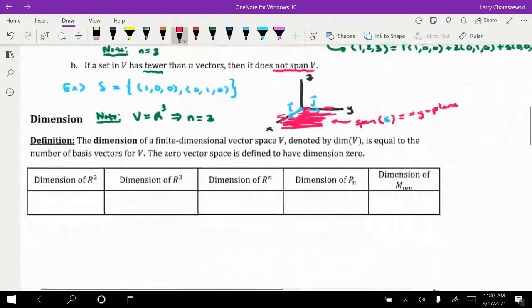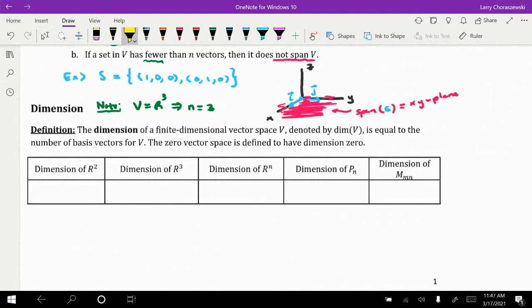So with that, the dimension of a finite dimensional vector space V, which has the following notation, dim of V, is equal to the number of basis vectors for that vector space. And in the special case of the zero vector space, we say that that has a dimension of 0.